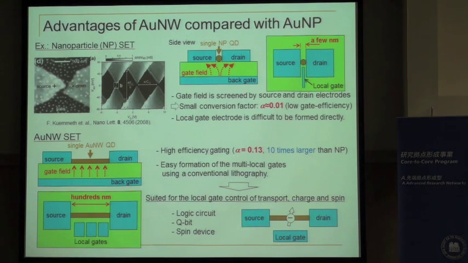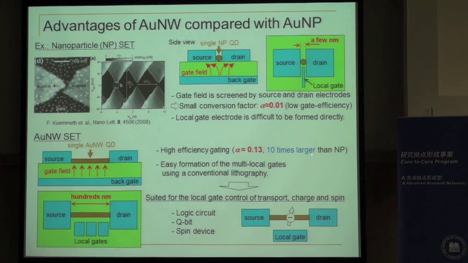And it's very difficult to form a local gate electrode because the gap of electrode is very narrow, a few nanometers. On the other hand, for gold nanowire SET, gate efficiency is very high, which is 10 times larger than nanoparticle.